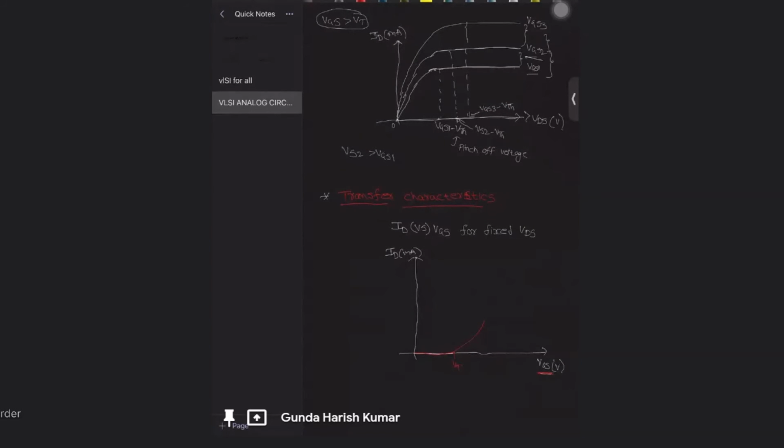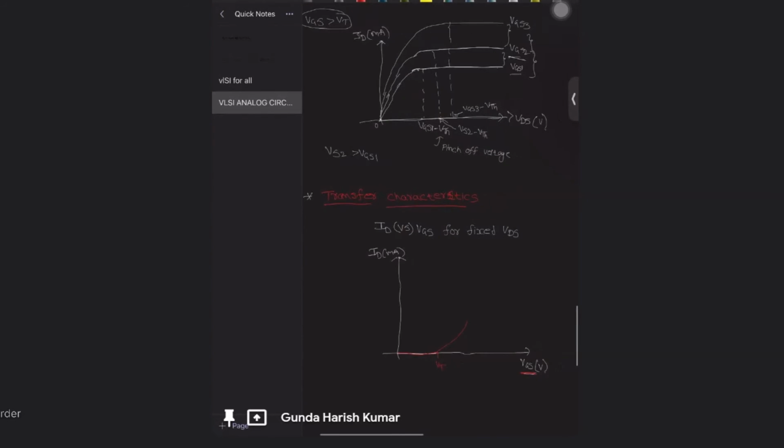VGS has just reached VT, so VDS will be almost greater than VGS minus VT. It will first enter into saturation. It will be like a kind of parabola. Then slowly it enters into the triode region from saturation.